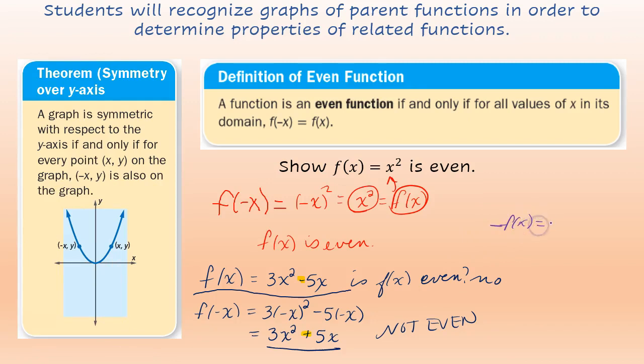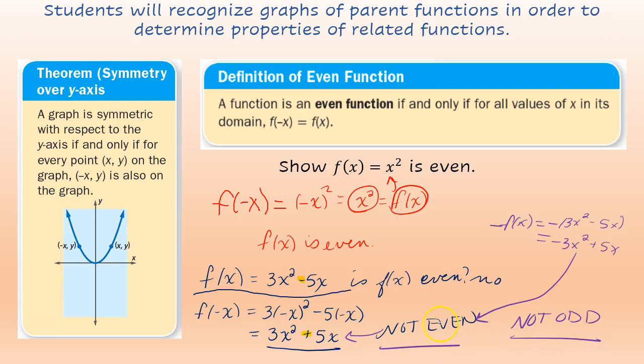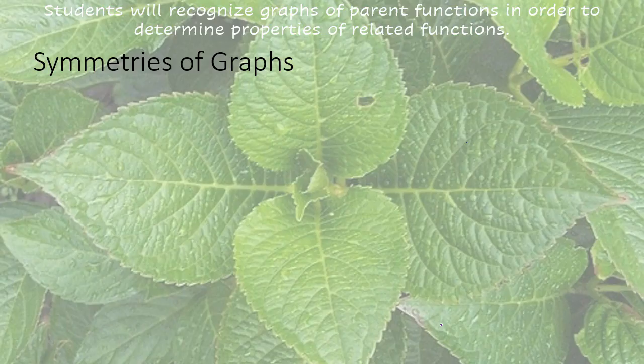The opposite of f of x is the opposite of 3x squared minus 5x. So when we distribute that, we have negative 3x squared plus 5x. These are still not the same, because this is positive 3x squared, and that's negative. So this would actually be not odd either, which means that this is not even, not odd, so it would be neither. And that's a possibility.